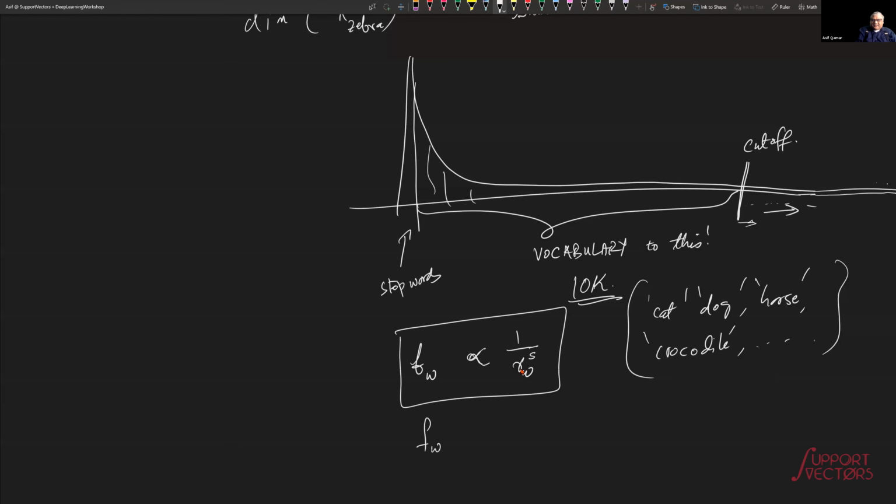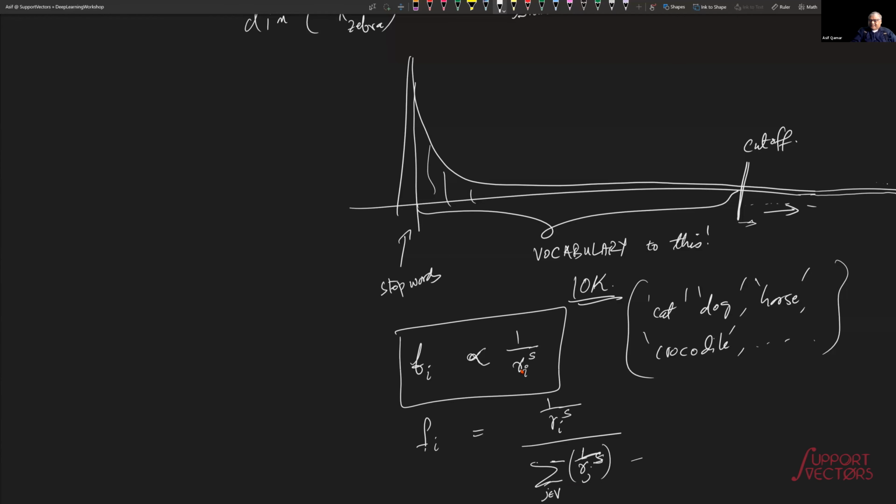If you want to make it exact, you can say, let me use the letter i. i stands for the ith word, some word i with rank r_i. So you can make it an exact thing: all you have to do is divide it by the sum total of the ranks of all the words in the vocabulary.